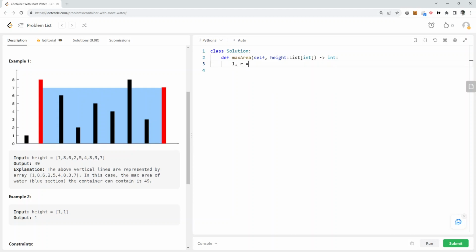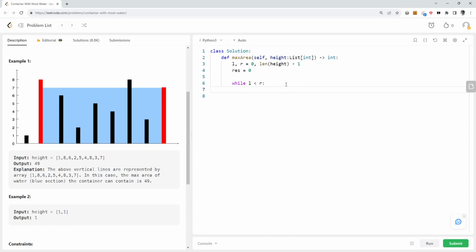So we initiate the pointers left and right, and let's initiate our max height result as 0. For the two-pointer solution, how do we start? The loop would be while the left pointer is less than the right pointer. We've done that quite many times already.